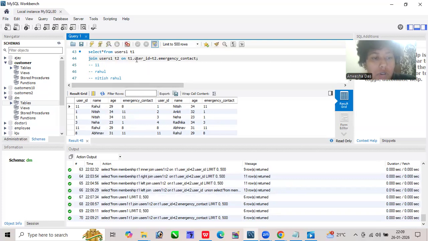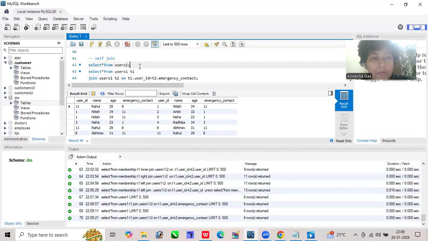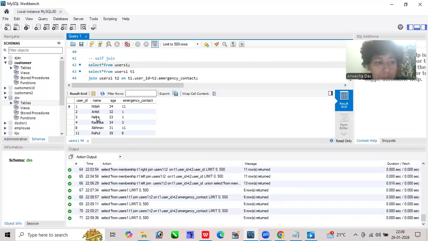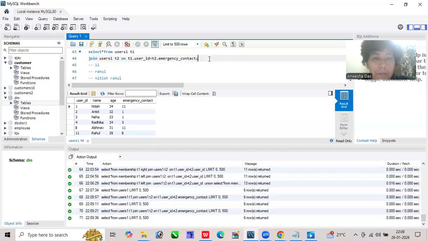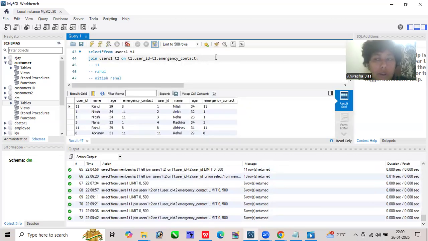User ID is 3, what is the emergency contact number? 1. So in that way, I have performed the self join.